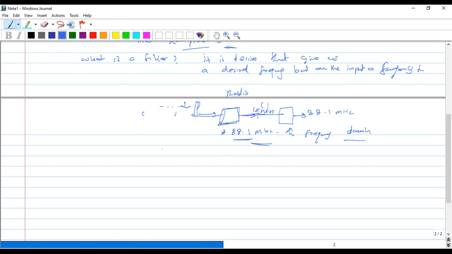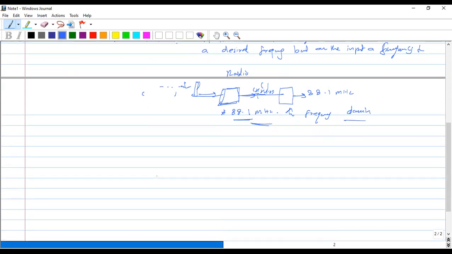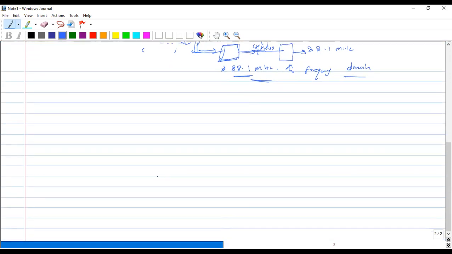Another thing: in your signals and systems course, maybe you have learned that if we have a system, and if it is an LTI system, these details are not needed for our course, but this is the beginning, so that is why I want to remind you.